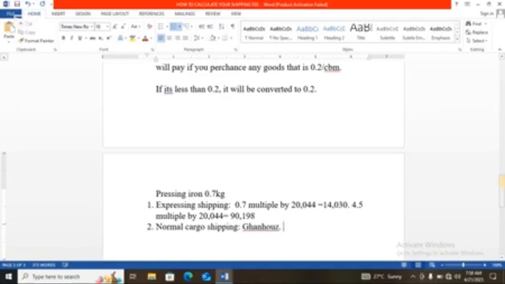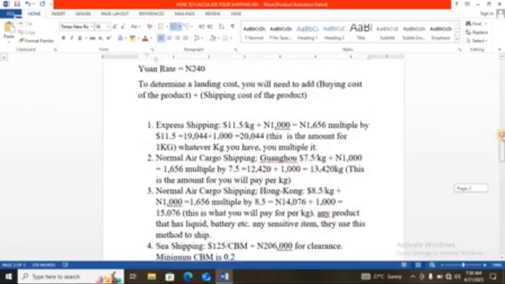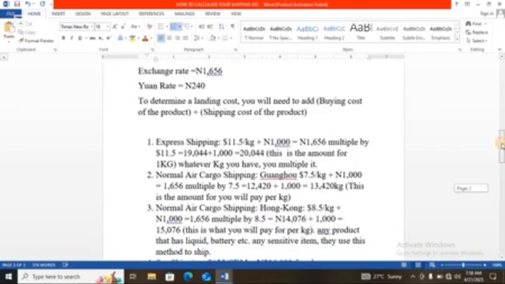Let's say it is 0.7, then we'll multiply it by the rate per kg, which here is 13,420.